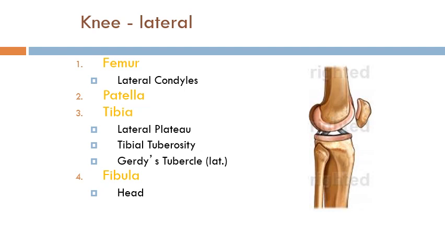Okay, if we look at the lateral side here, now you can see again, how do we denote it's the lateral side? Well, right away you can tell there's the fibula. So if the fibula is in the picture, right away you see that it's the lateral side. And again, I'm going to skip around a little bit here, but again, fibular head, make sure when you start to look at pictures of the fibula, you can tell the difference between the proximal and the distal fibula.